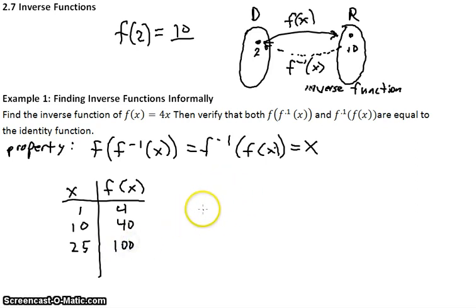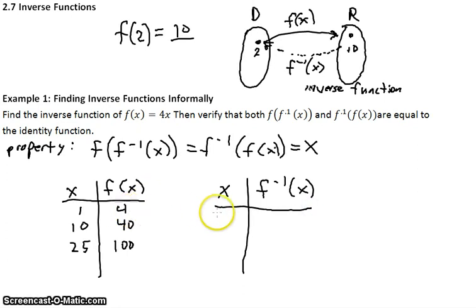So now we have to think about this in reverse. What is the inverse function going to do? It has to take every number that we got for an answer and map it back to its original.